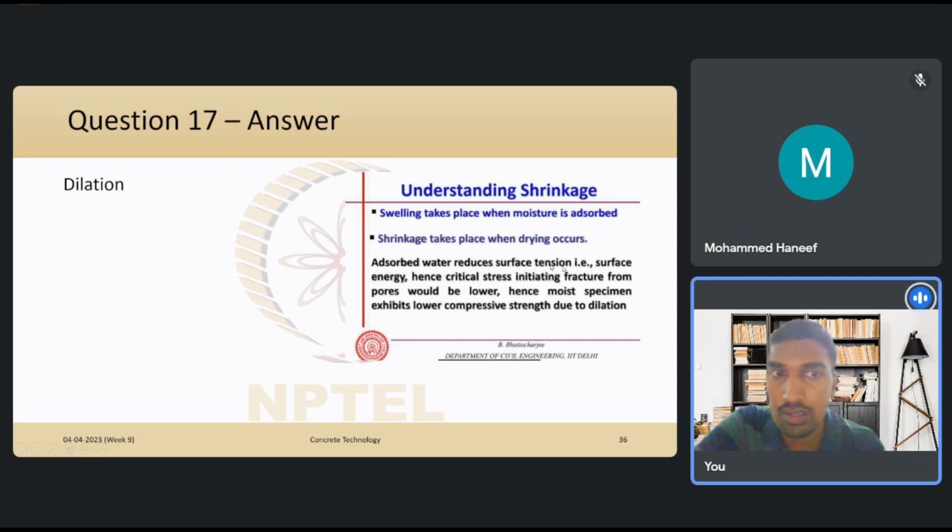It will reduce your surface tension, right? So because of the adsorbed water, the critical stresses are lowered, and that makes fracturing be initiated from the pores, right? Because of this, you will see the compressive strength going down, and this is what we call dilation. So the increase in the volume or the swelling.